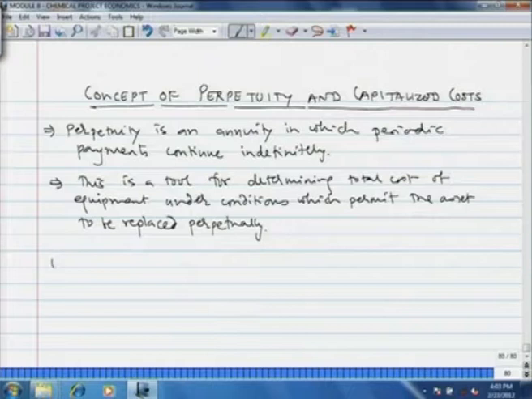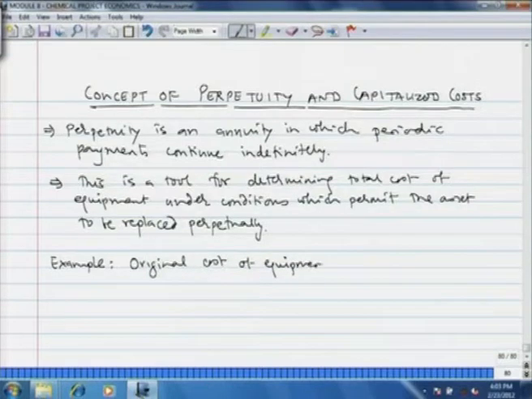Now, let us see this thing with an example. Let us say that the original cost of a particular equipment is $12,000. Let us say there is a compressor which has this cost.